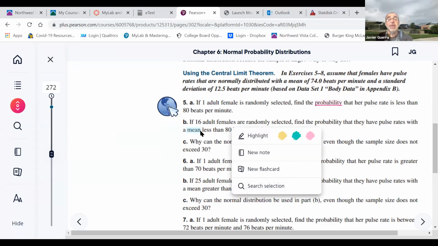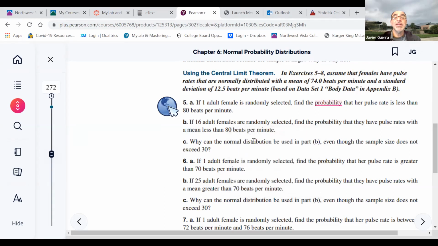You see it says mean on there? What inequality symbol am I going to use next to the X bar? Yes, someone said less than 80. Because this says mean less than 80, right?